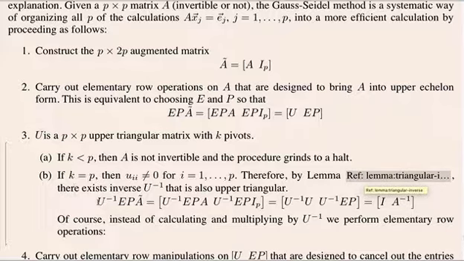So if we multiply on the left with U inverse, then multiplying it through the matrix, we get the identity matrix, and what we get on the right hand side is U inverse E P, which is the inverse of A.